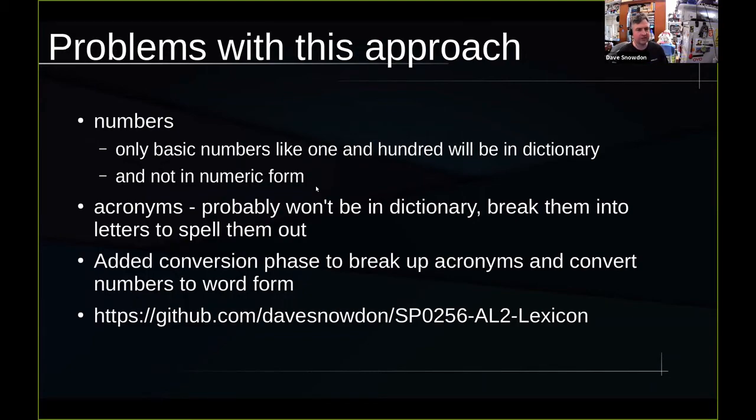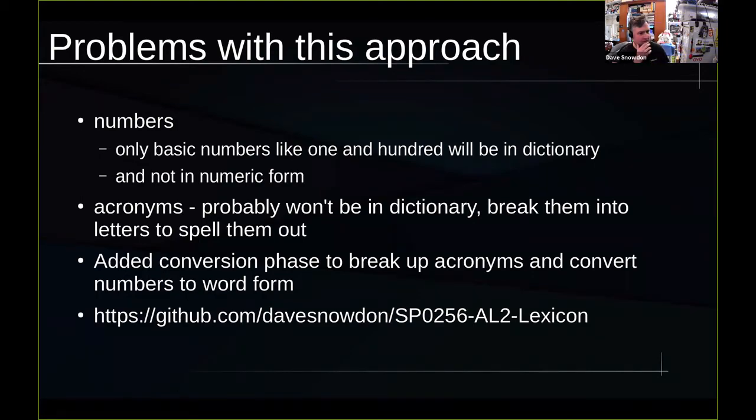One, if you want to say things like RC 2014, which I did for surprising reasons, you find that obviously the word 2000 is in the dictionary, but 2014 isn't. So just putting raw text into this algorithm didn't work, and also acronyms are generally not in the dictionary.